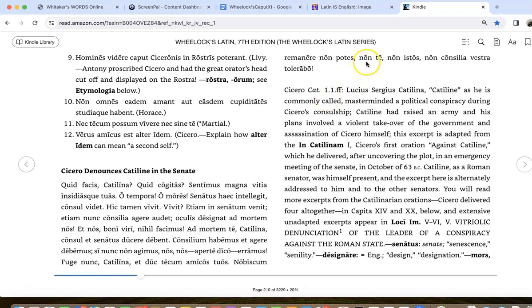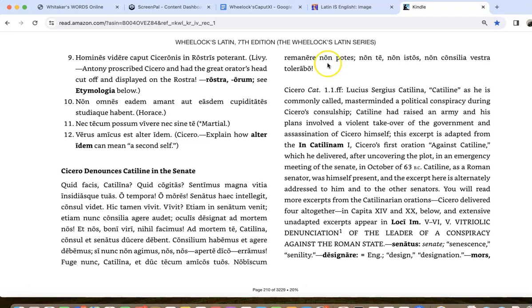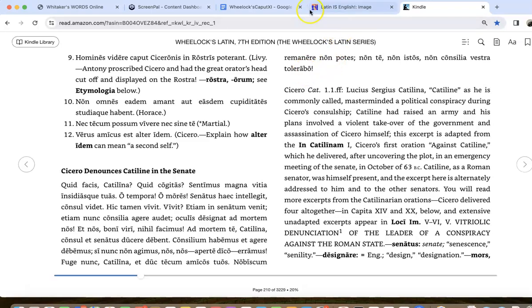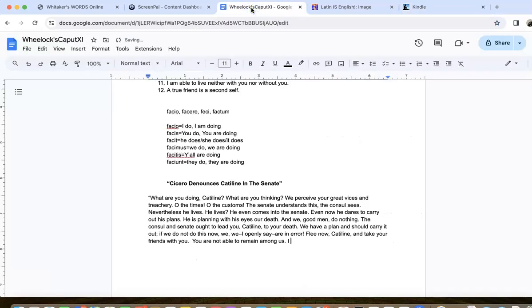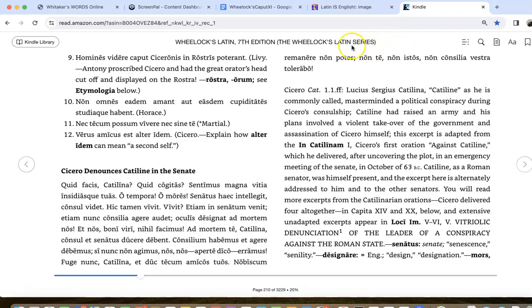And not you, not your kind, not your plans, I will tolerate. So Latin likes to put the verb at the end, so maybe I'll start with this first. I will not tolerate you, not your kind, not your plans.